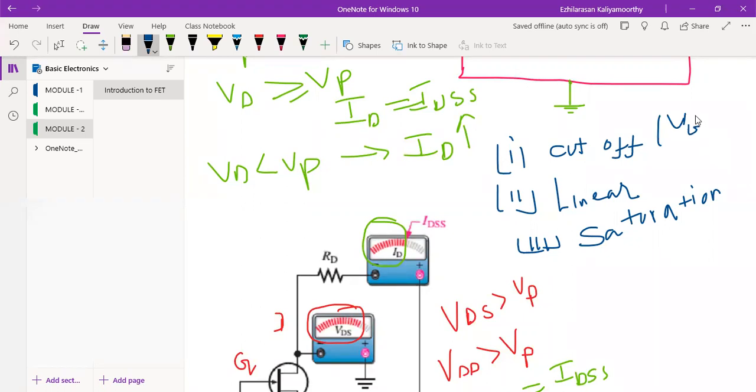It will be in the cutoff region when VG is greater than 0. When VG is less than or equal to 0, your ID will increase gradually. Here also VG is less than or equal to 0, but ID will be constant. Saturation means it will be constant. So these are the things.